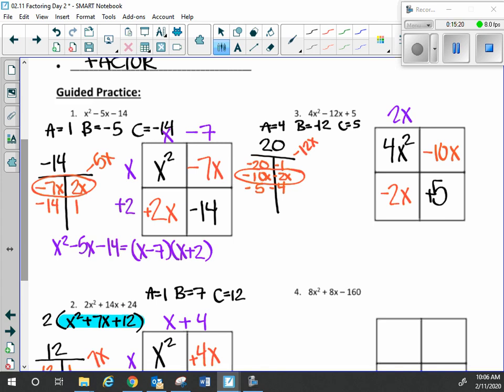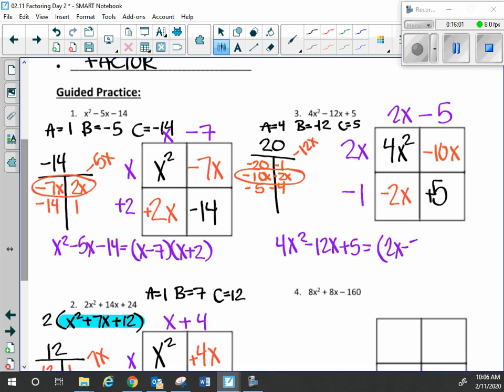What about negative 10x and positive 5? 5. Negative 5. Good call. Okay, side. 2x minus 1. Very good. So, when I rewrite this, 4x squared minus 12x plus 5 equals 2x minus 5 times 2x minus 1.